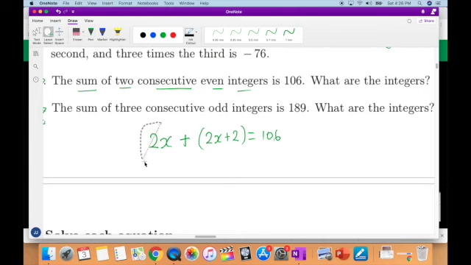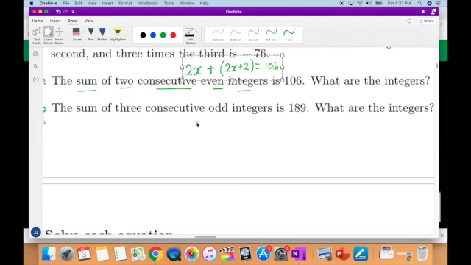Right? So, given this same kind of reasoning, we know that an even number could be represented by 2x, because we showed that 2x, no matter what x is, is going to be an even number, because anything multiplied by 2 is even.